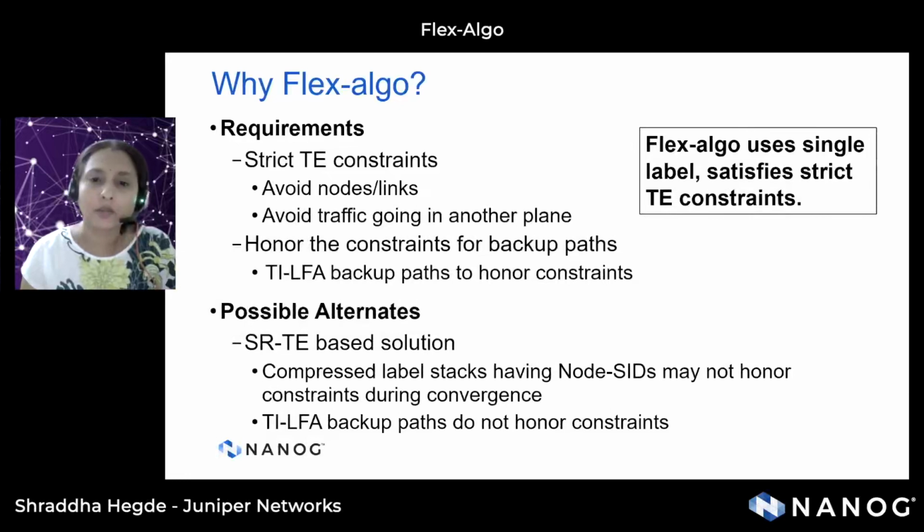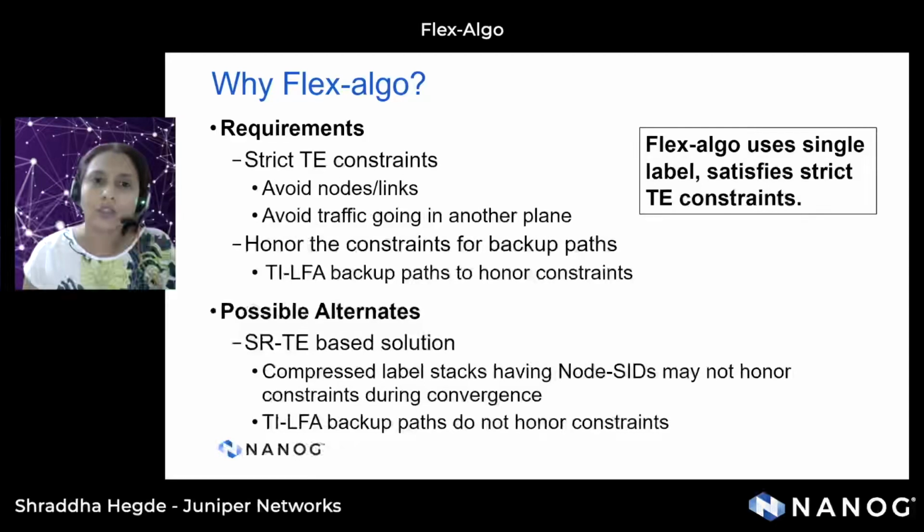And by the time your head end or your controller figures out that these node SIDs no longer satisfy the constraints, and recomputes the path and recompresses the label stack, the traffic may be going through certain nodes and links that do not satisfy the constraints.